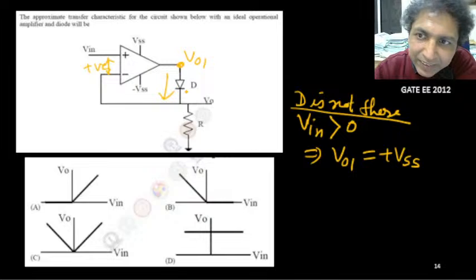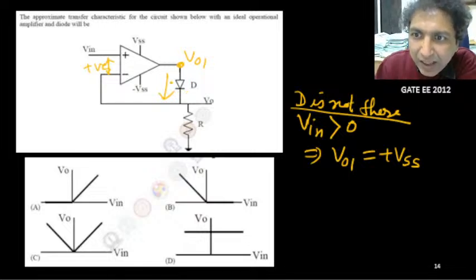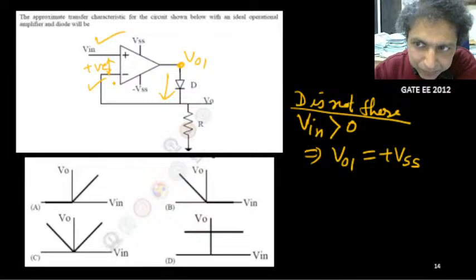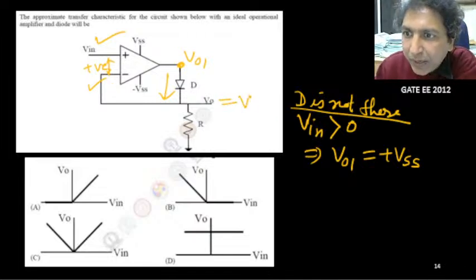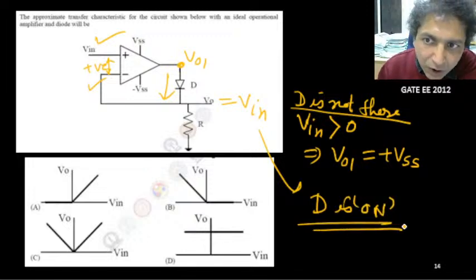With negative feedback, this circuit will behave as a voltage buffer, because this side is directly connected here. So if negative feedback is there, this potential and this potential will become the same. So V naught will equal V in when the diode is on, and the diode will be on if V in is positive.